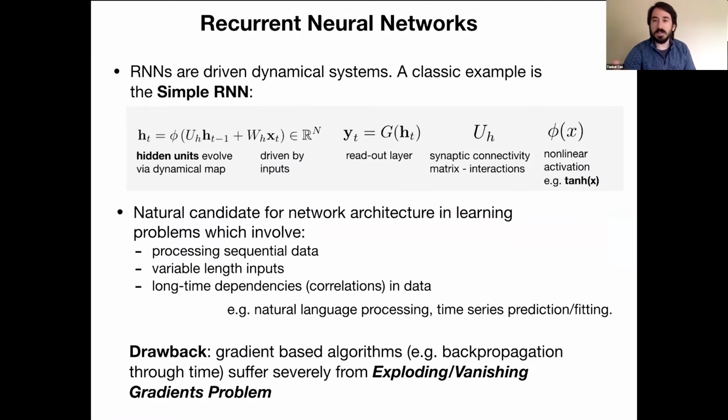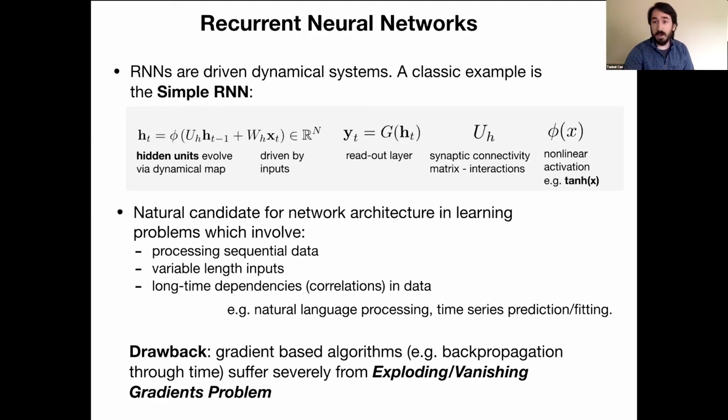Okay, so first, what is a recurrent neural network? An RNN is an interacting driven dynamical system. A classic example is the simple RNN, shown here in the gray box. Here, the hidden state H evolves by a nonlinear map, and it's driven by some input X. The output Y is a possibly nonlinear transformation of the hidden state.